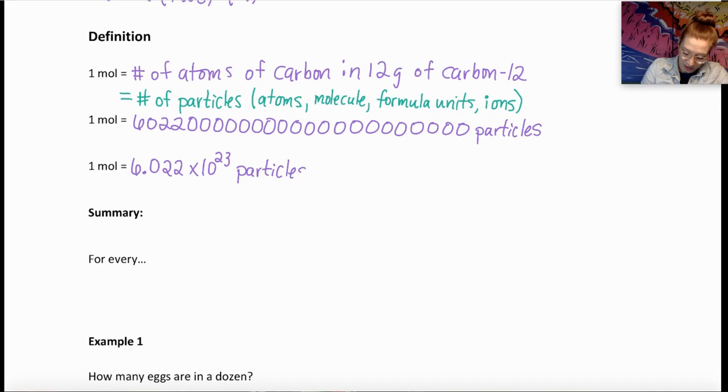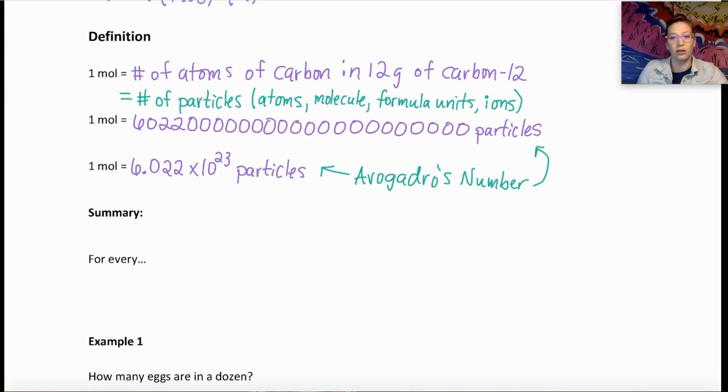Now, there is a special name for this particle number, and that is Avogadro's number. We've heard of Avogadro before when we talked about Unit 4 and Avogadro's hypothesis, but Avogadro was also important in determining this number of particles in the unit of the mole.